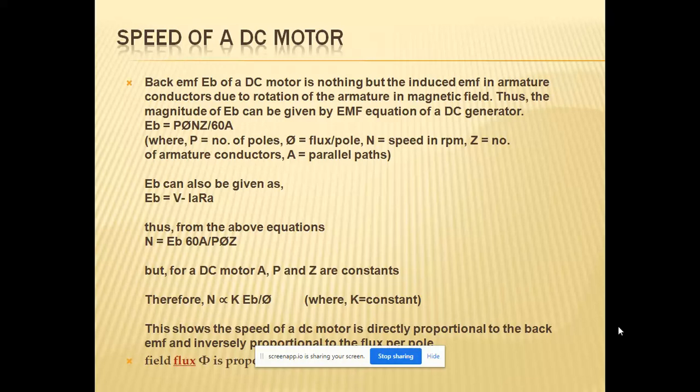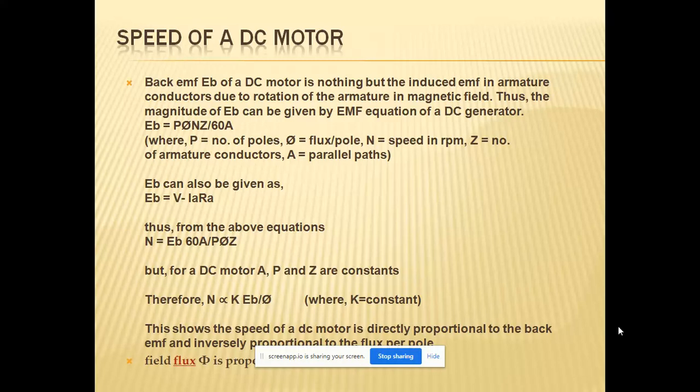Now EB equals phi ZNP by 60A, where P equals number of poles, phi equals flux per pole, N equals speed in RPM, Z equals number of armature conductors, and A equals parallel paths. EB can also be given as V minus IaRa, where V equals supply voltage and IaRa is the armature voltage drop.